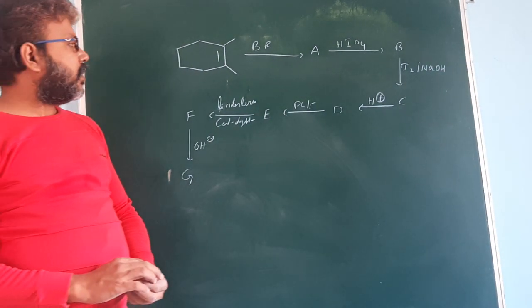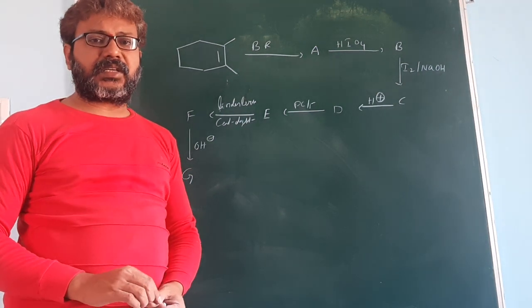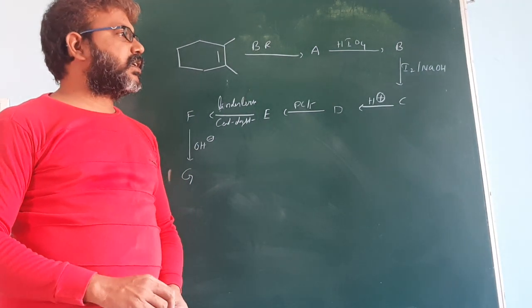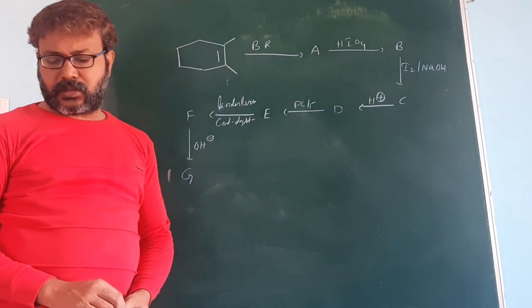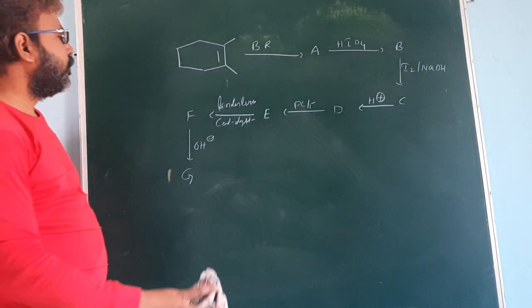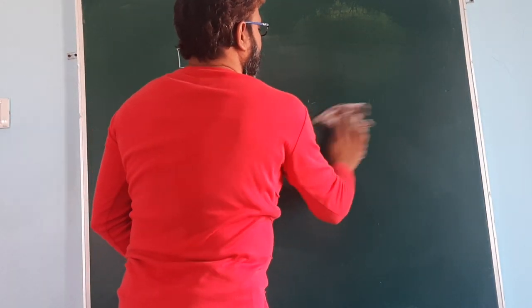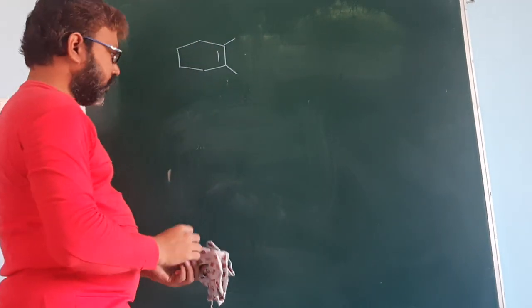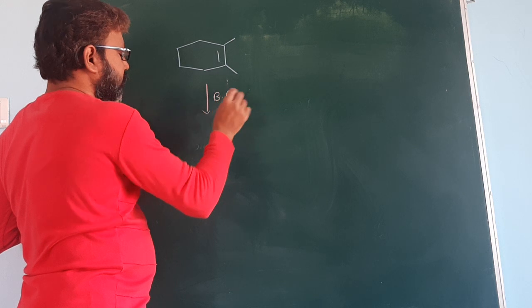First one, it is an unsaturated compound. It reacts with Bayer's reagent. Alkenes undergo addition reaction with Bayer's reagent to give diols. The addition is a syn addition to give diol.